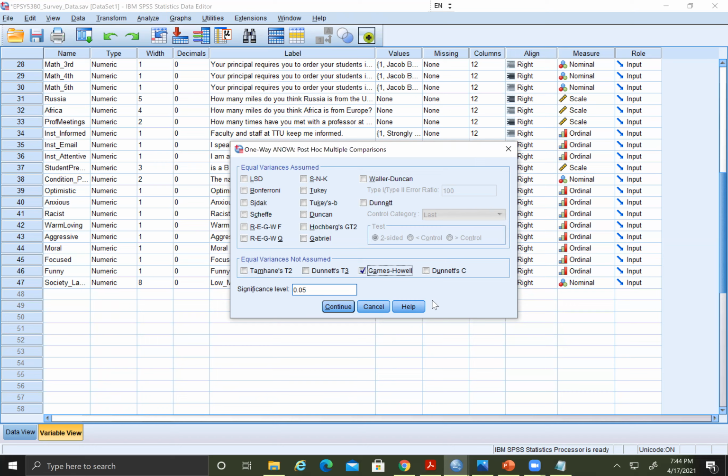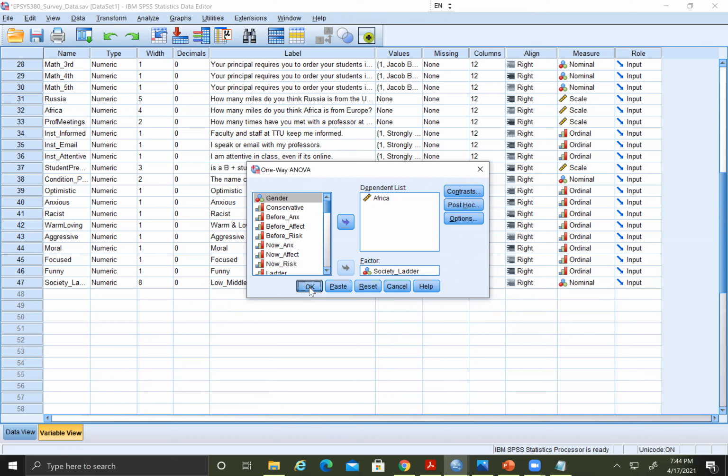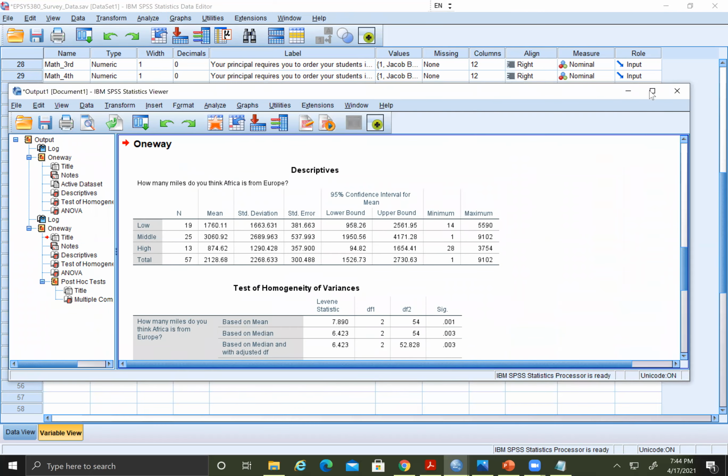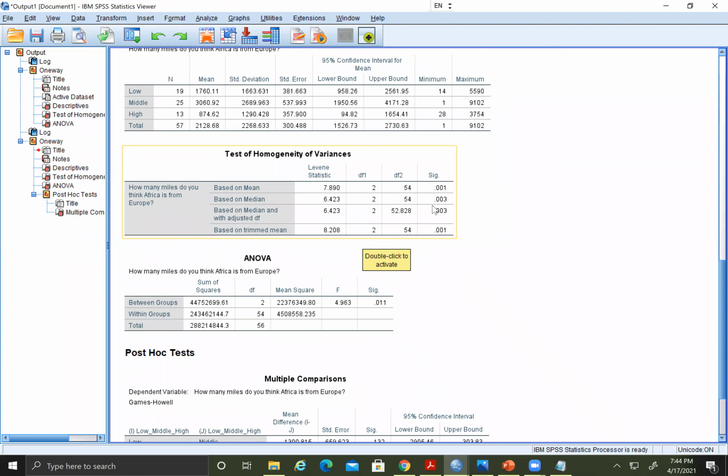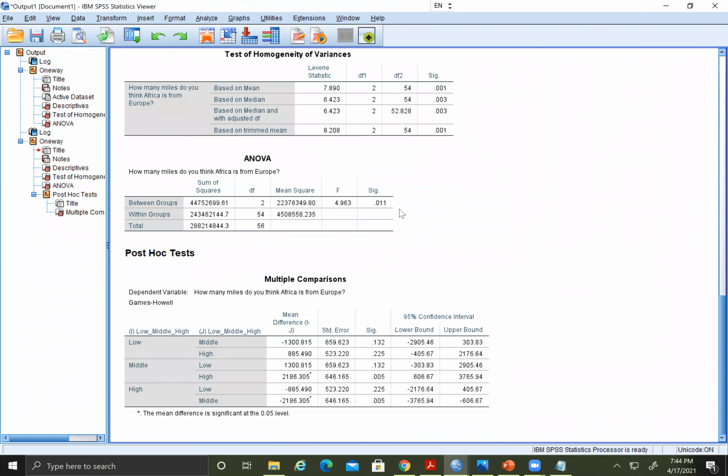I'm just going to use Games-Howell and then continue. This way it will provide us all of these. Since the homogeneity of variance is violated, the assumption of equal variance is not assumed, so we would just go ahead and use this.